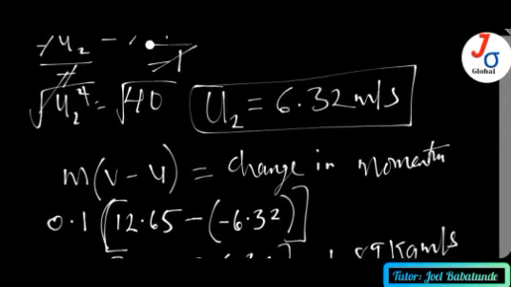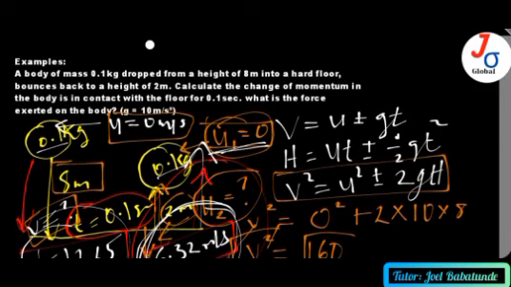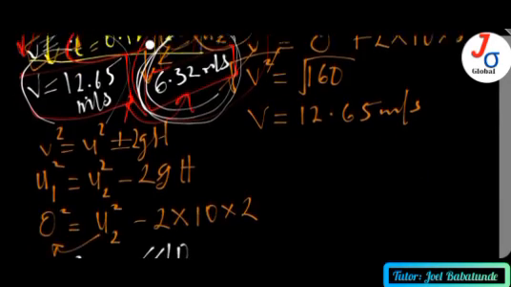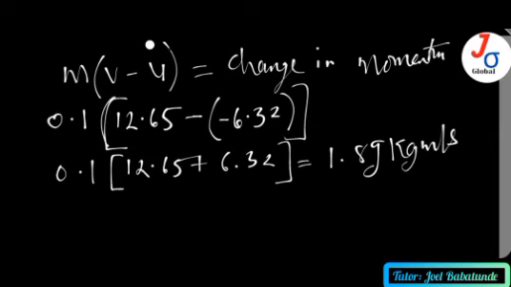Now the question says we should also find the force exerted on the body, and the time taken is 0.1 second. Remember that F equals change in momentum divided by t, according to the second law of motion.